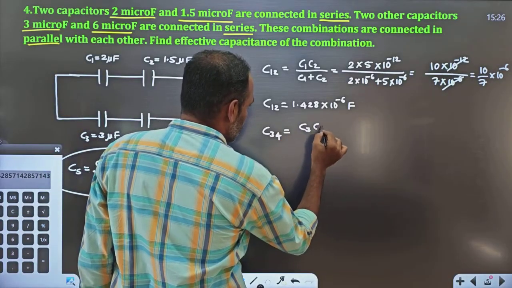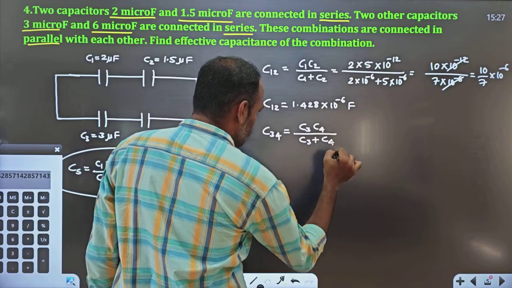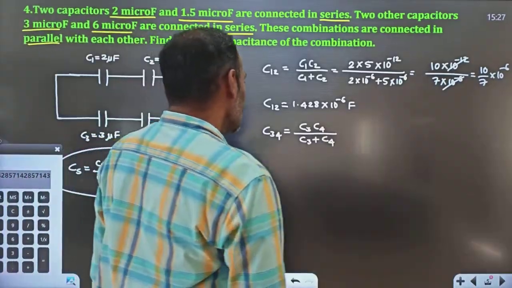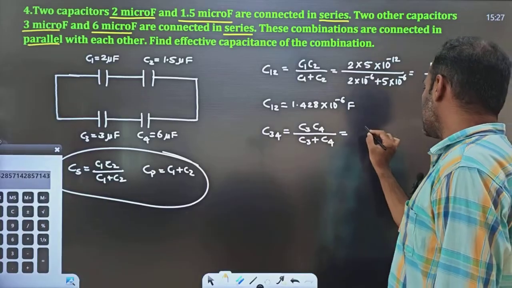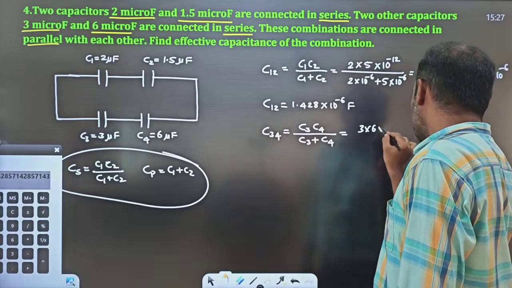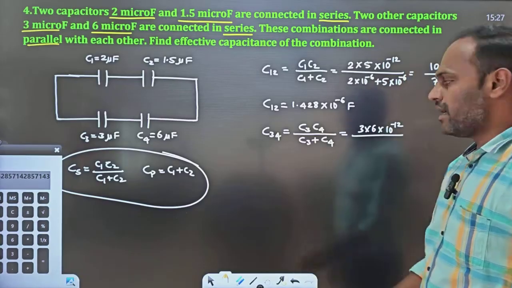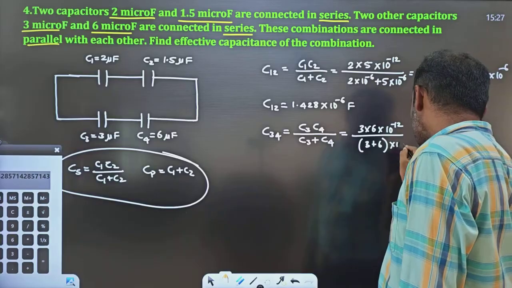C34 is equal to C3 into C4 divided by C3 plus C4. Series formula we use. So this will be 3 and 6. So 3 into 6 into 10 to the power minus 12, micro into micro will be 10 to the power minus 12, divided by 3 plus 6 into 10 to the power minus 6.